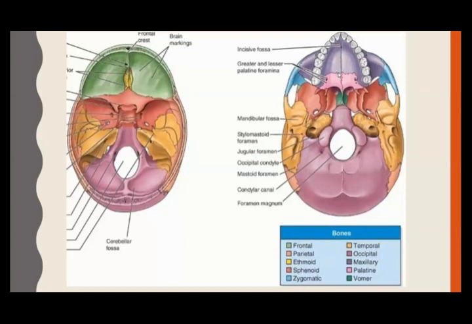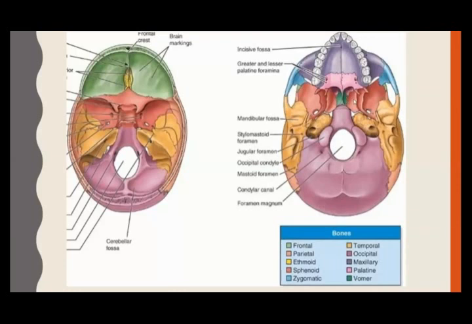The palatine bones anteriorly then meet the maxillary bones that form the base. Please note that what you see over here is the hard palate, the under surface of the hard palate. The hard palate is formed by the maxilla and by the palatine bones. The palatine bones articulate with each other in the midline.